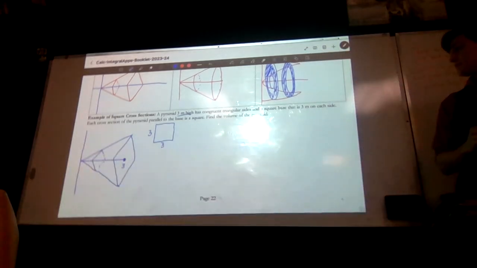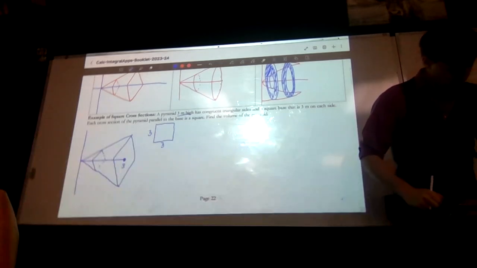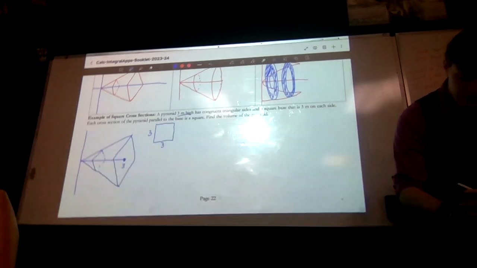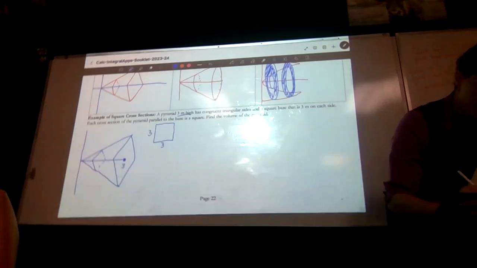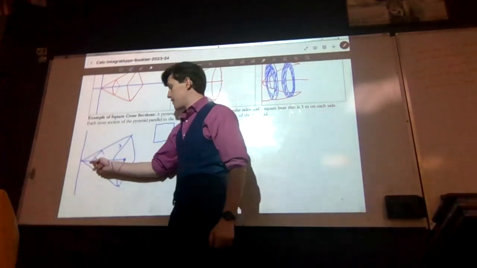Now, these are not 3 and 3. My apologies. This here is 3, and this is 3. But do we know what these two are right here?